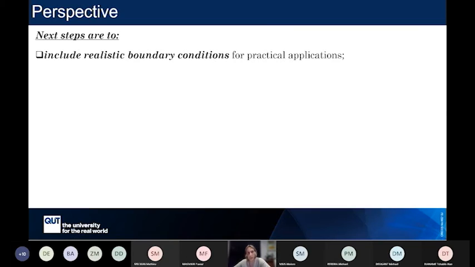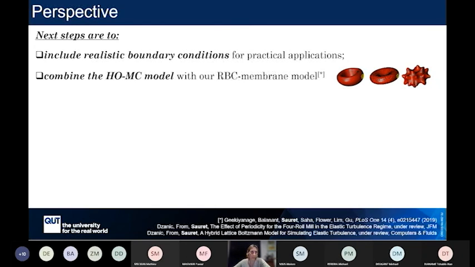We will have to move into 3 dimensions, of course, and also put the code onto GPU so that we can make the simulations much faster. As I said before, coupling the lattice Boltzmann approach with the red blood cell membrane model would also be an interesting step for us.